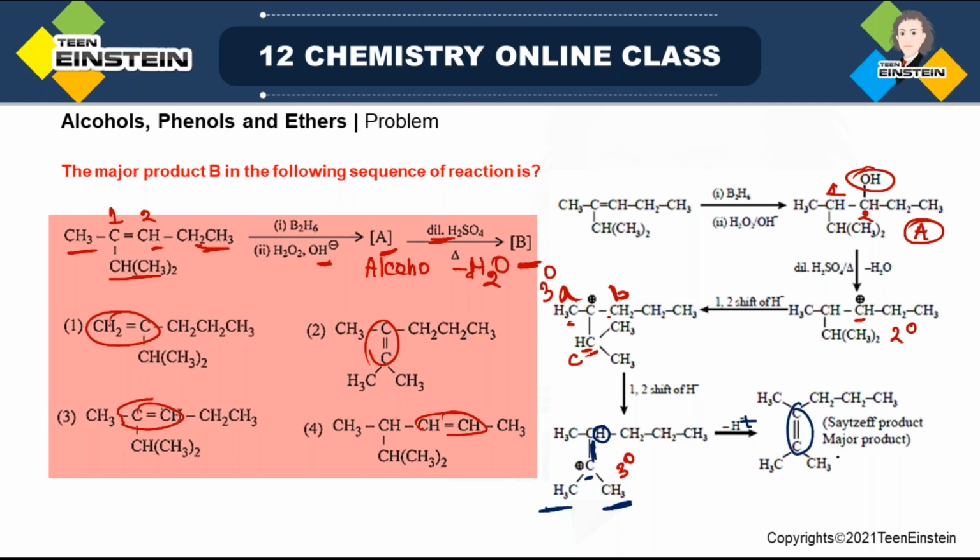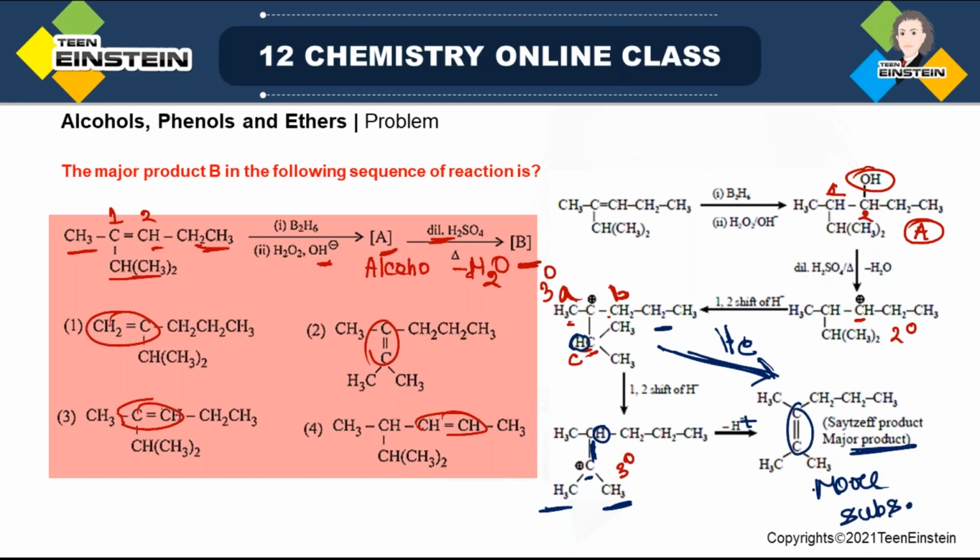But you can also get this product directly from this carbocation: by removing the C hydrogen, you can get the same product. And this is the major product because it is the more substituted product.